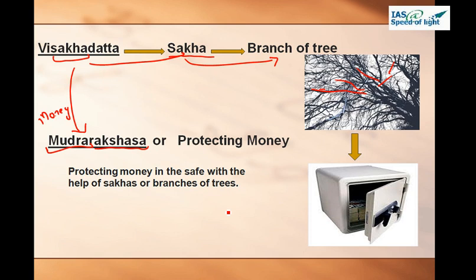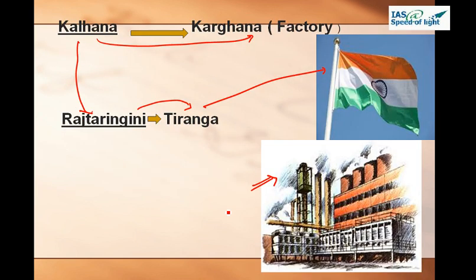What were you doing with the branch of tree? Protecting your money. So Mudra Rakshasa. Kalhana, Karkhana, factory. What was there in the factory? Tiranga, right? Tricolor flag, Tiranga, or Raj Tarangini.